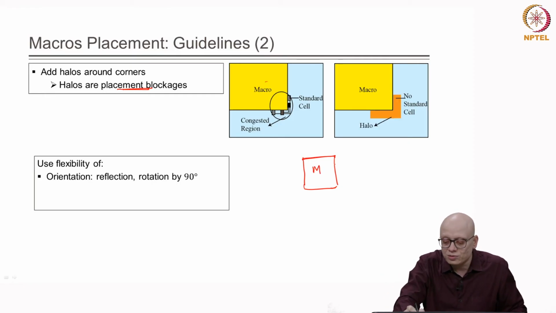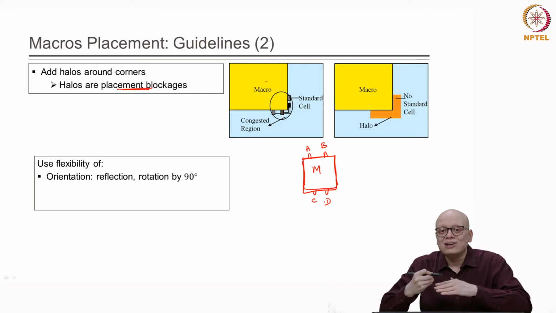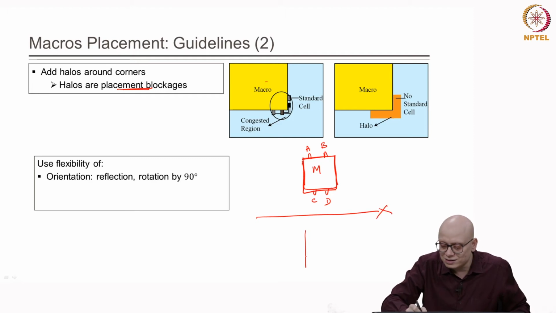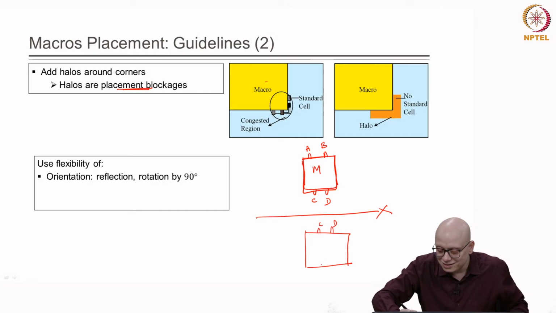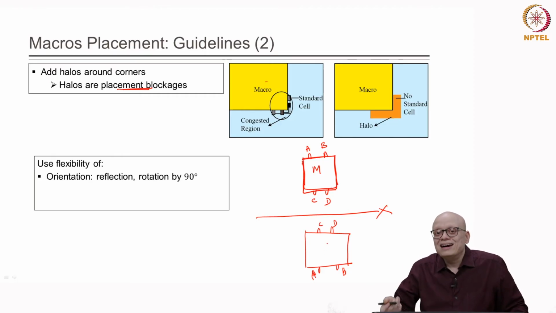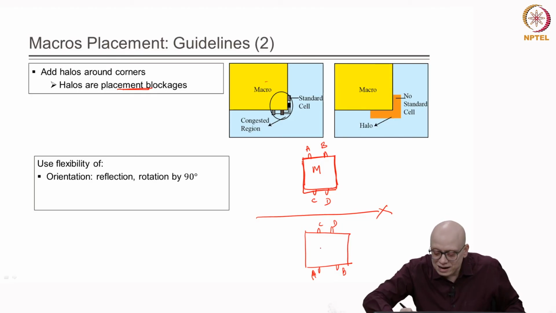For example, suppose this was the macro, and we had pins A, B, C and D. Now, if we take a reflection along the x axis, or let us say the x axis is this side, then we get another orientation. We will get C, D, A and B. So this was the macro and we got another orientation of this macro by rotating it.